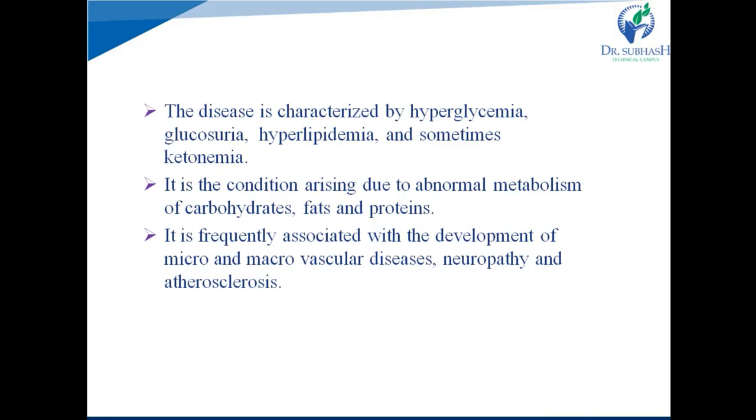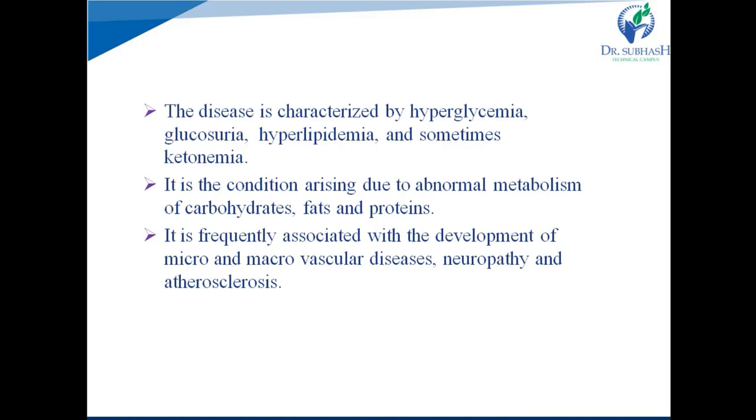To utilize glucose in our body, insulin has a major role. So if insulin's action or amount is reduced in the body, our body will try to get energy from alternative pathways, and in those alternative pathways, the metabolism of carbohydrate, protein, and fat is enhanced.